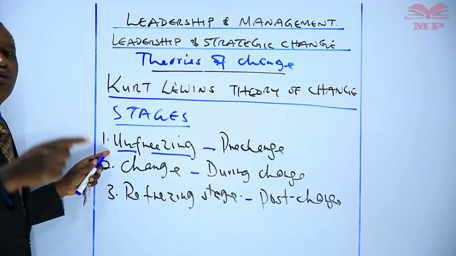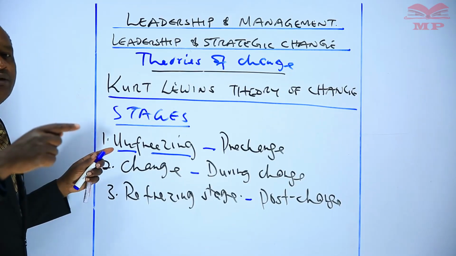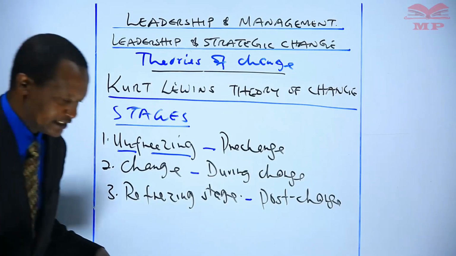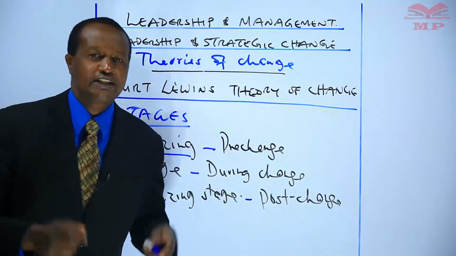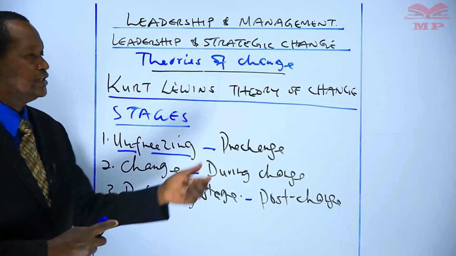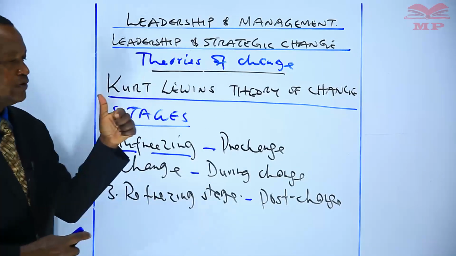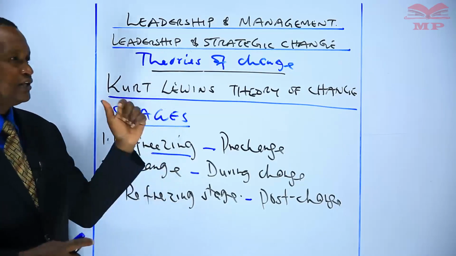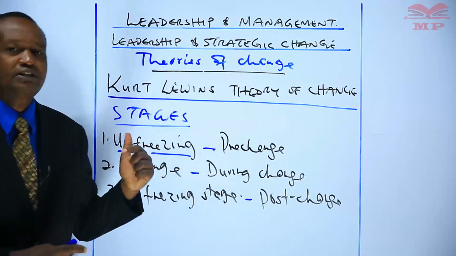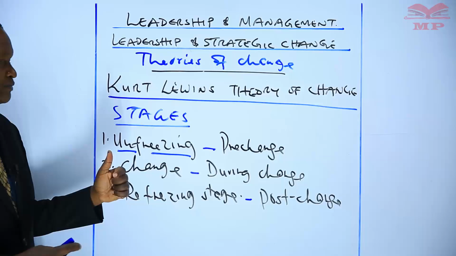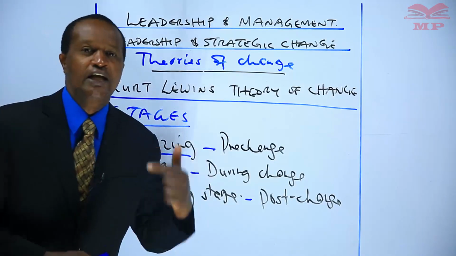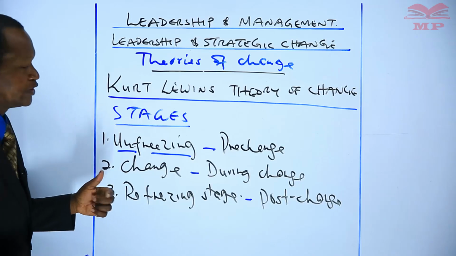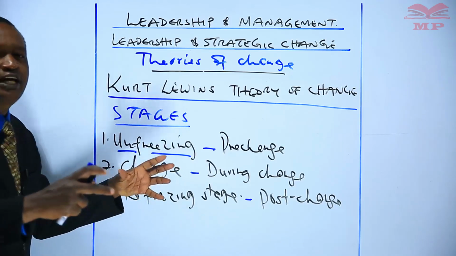And Lewin did not believe that this would be an easy thing. Unlearning is not an easy thing. Before anything new is initiated or put in place, then according to Lewin, the old behavior has to be discarded, the old behavior has to be unfrozen. So there has to be unfreezing.